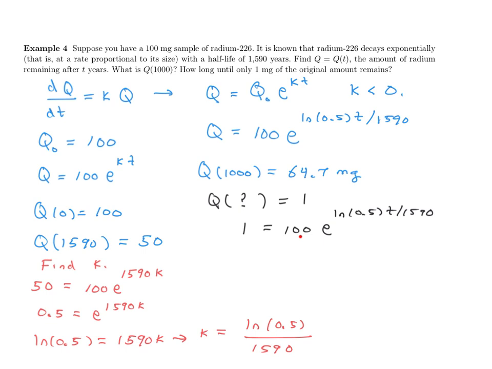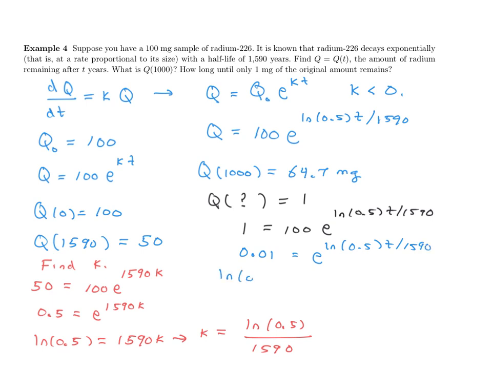I'll divide by 100, I'll take the natural log of both sides, and solve for T. So we have 1 over 100, which is 0.01, is equal to e to the natural log of 0.5 t divided by 1,590.